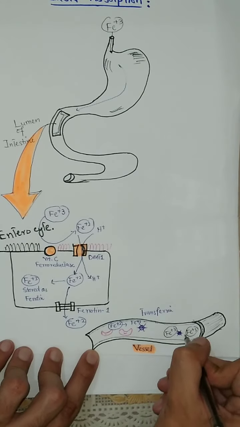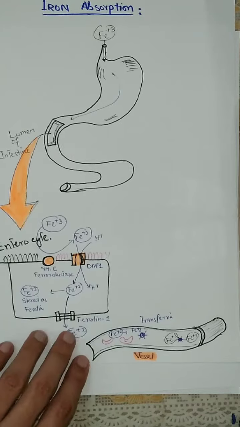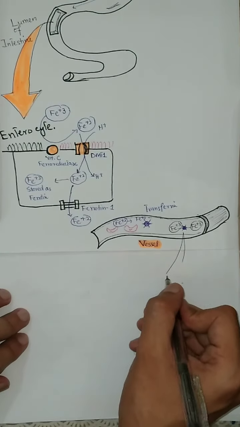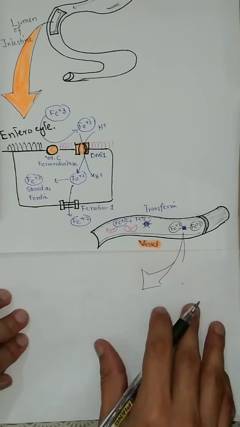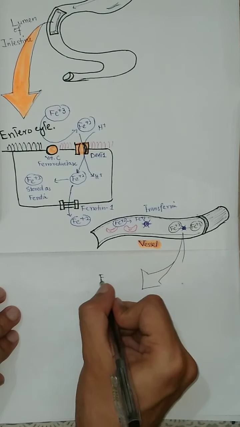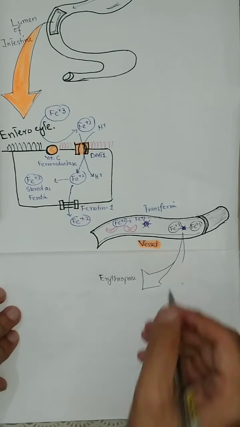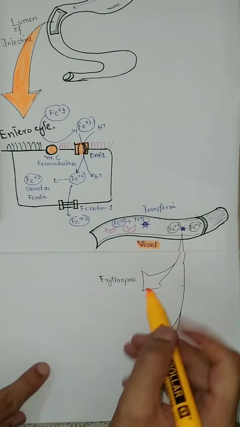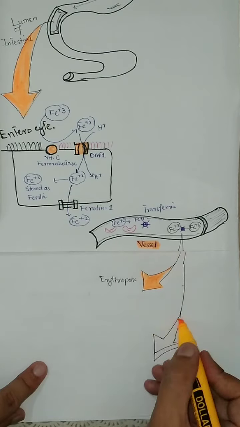With the help of transferrin, the iron is transported to different parts of the body, where it is used for different purposes, for example, to the bone marrow, the liver, the muscles or tissues. About 75% of the iron is transported to the bone marrow.